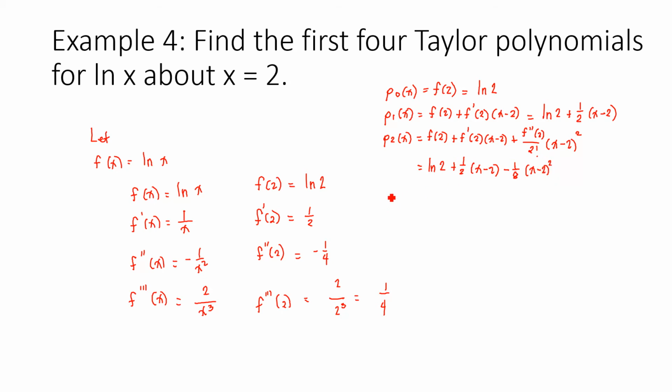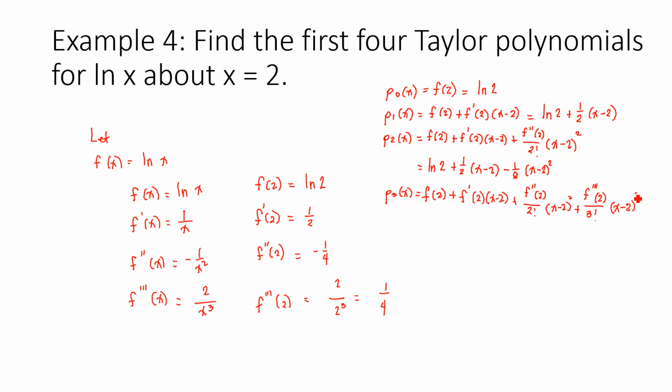And then our p sub 3 of x would be equal to f of 2 plus the first derivative at 2 times the quantity x minus 2, plus the second derivative of f at 2 over 2 factorial times the squared quantity of x minus 2, plus the third derivative of f at 2 over 3 factorial times the cubed quantity of x minus 2.